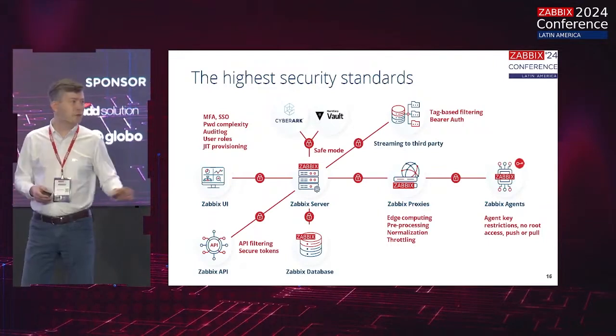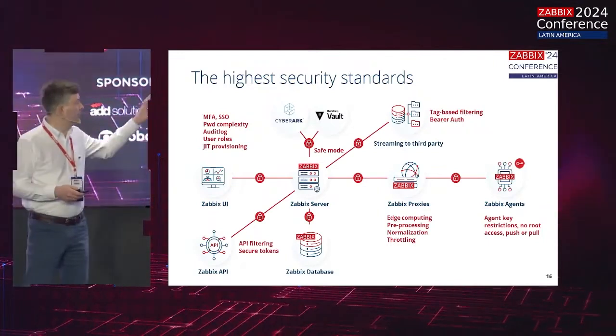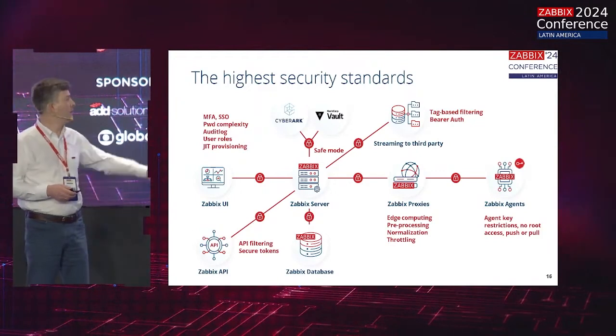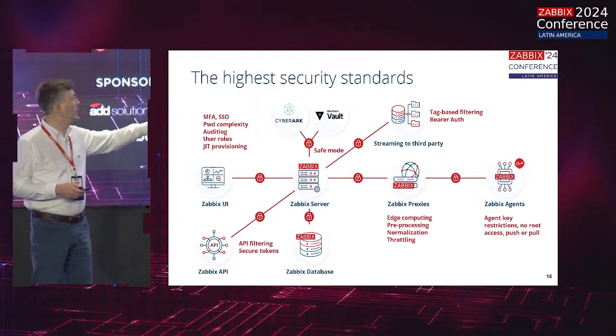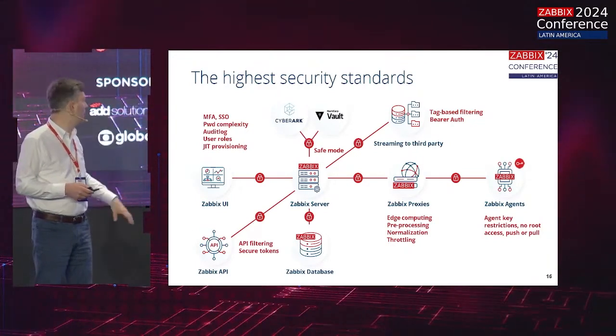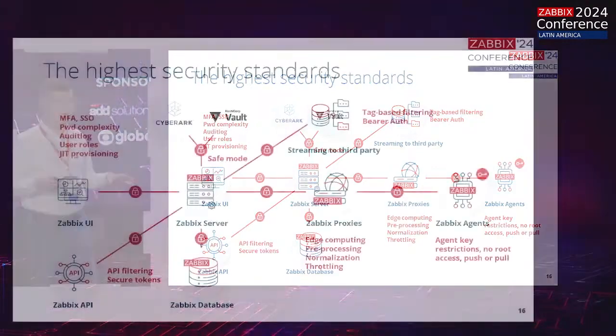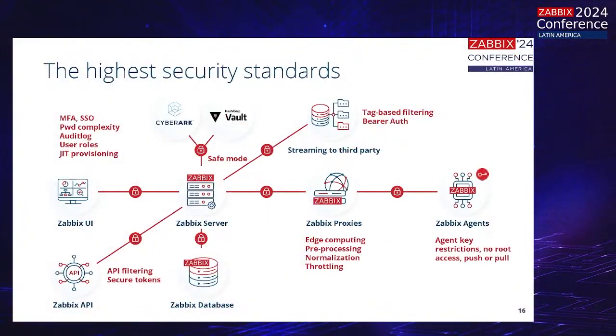So I think you saw this diagram before. It's all about the different security measures on the different levels of Zabbix: on the agent side, on the proxies, on the Zabbix server side, API, Zabbix UI. There are so many different things to make sure that Zabbix is a secure product.